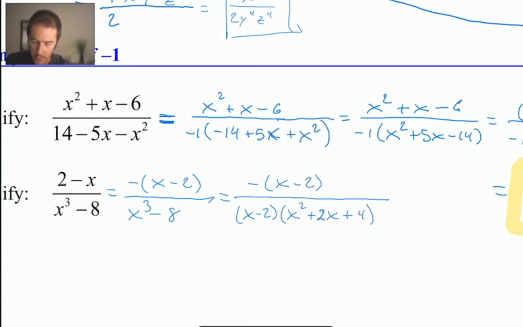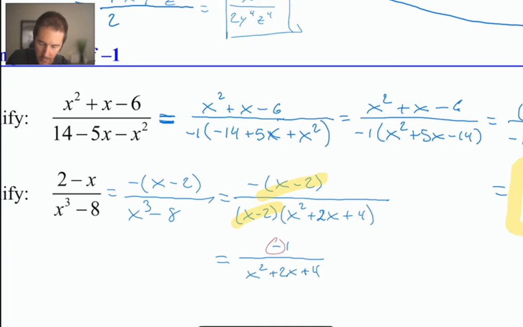The x minus 2's cancel out. If you'd like to do that, you may. Or you don't have to cross them out. You can just come down to the next line and write -1 over x squared plus 2x plus 4. And that is a great final answer.